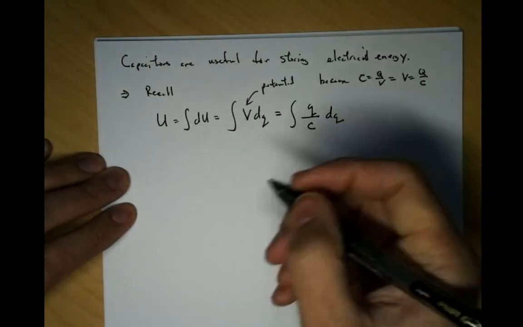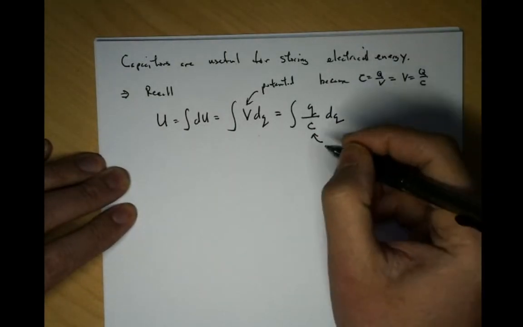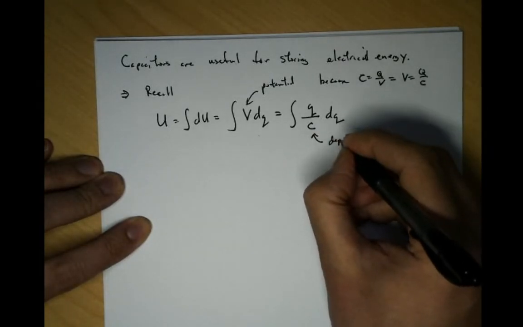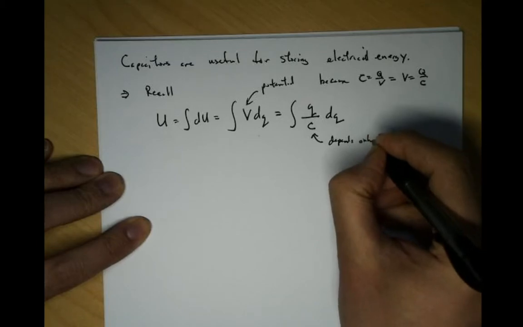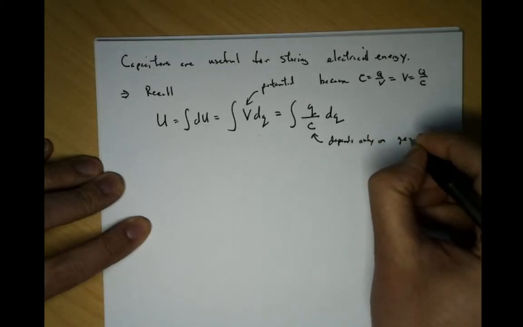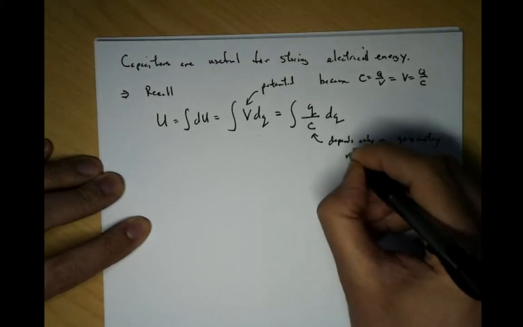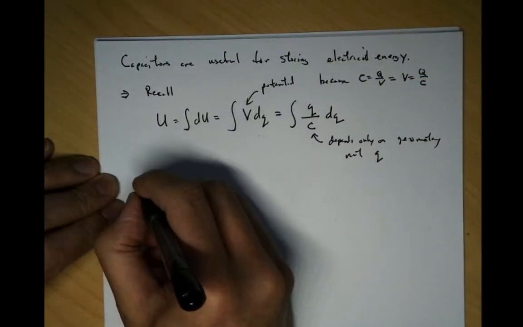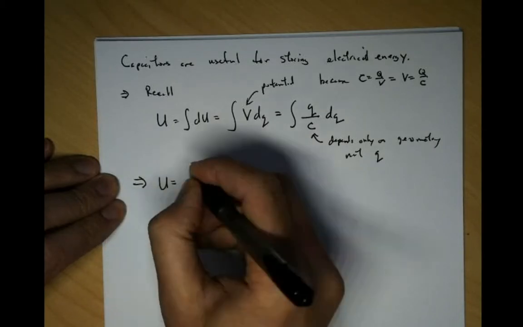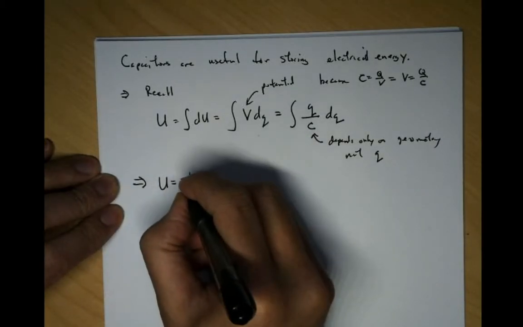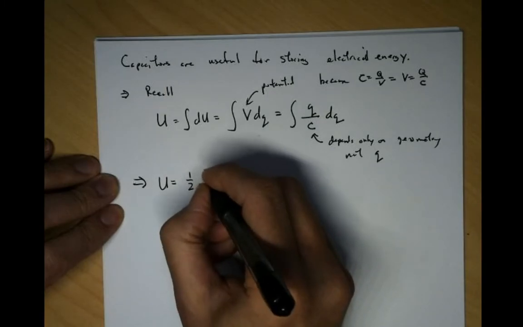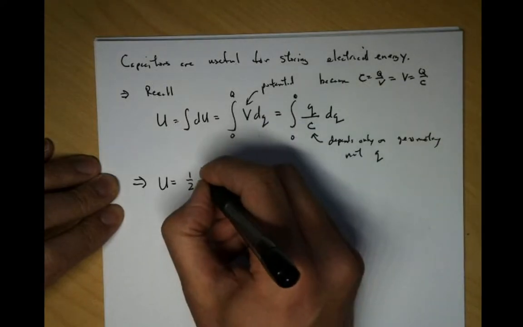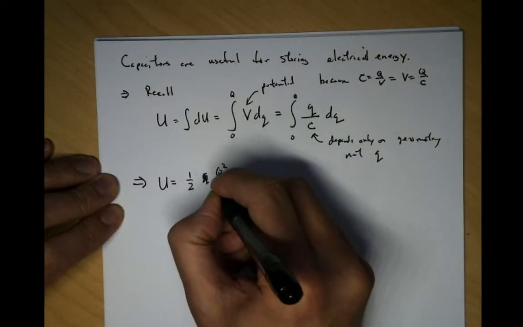Now C, like I referred to earlier, generally depends only on geometry, not Q. And so you get something very nice here. U is equal to the integral from 0 to Q, 1/2 Q squared over C.